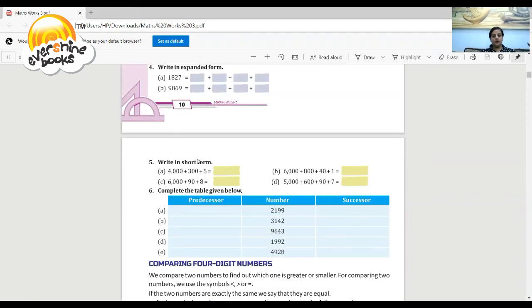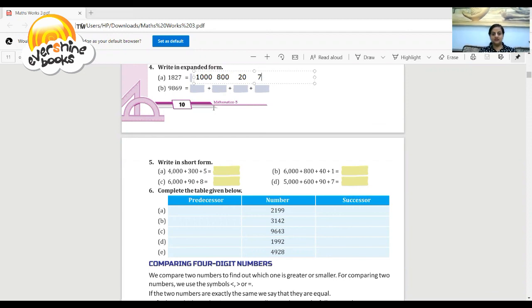Now we will do expanded form. Form is nothing but the representation of place value. That is, it is given here 1827. So we will write here 1000 plus 800 plus 20 plus 7.